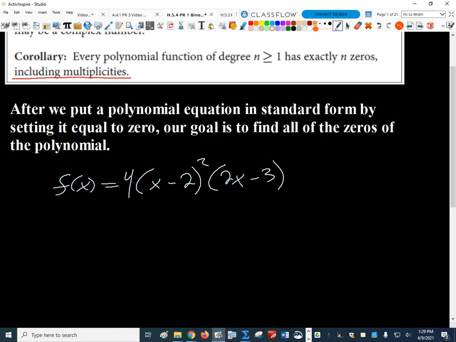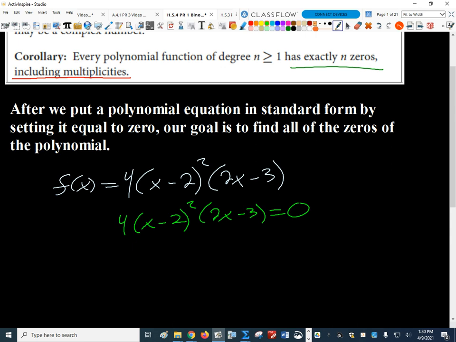Well, when we want to find zeros, zeros are just the values of x that make the function equal to 0, right? So if I want to find zeros, then I would just set my polynomial equal to 0 and solve. Just like we did with quadratics.